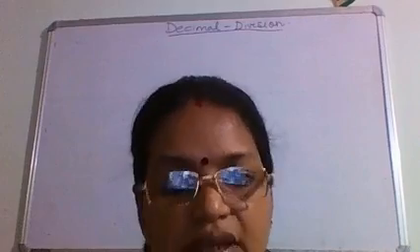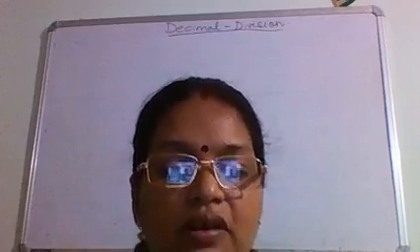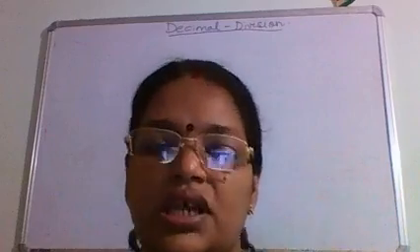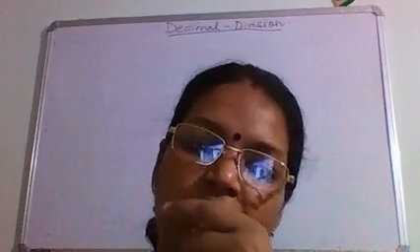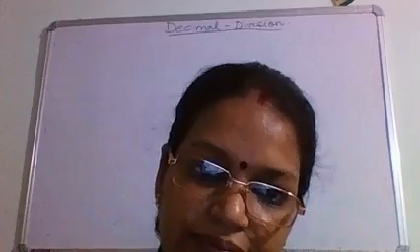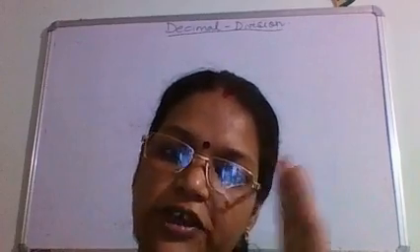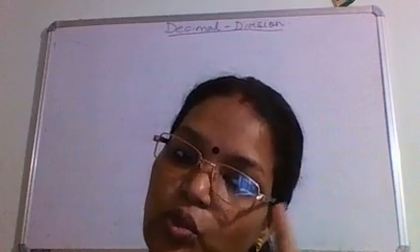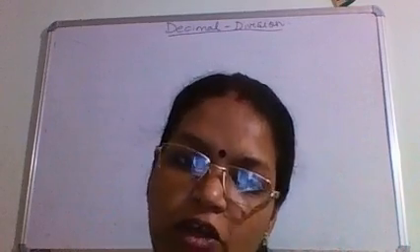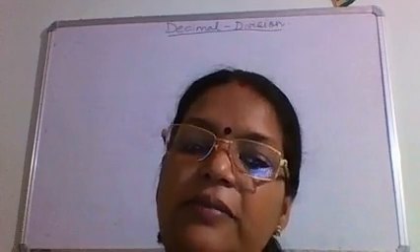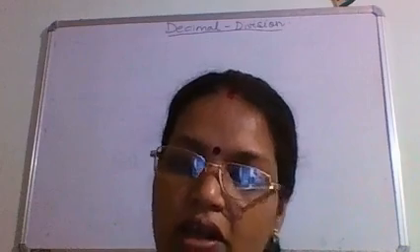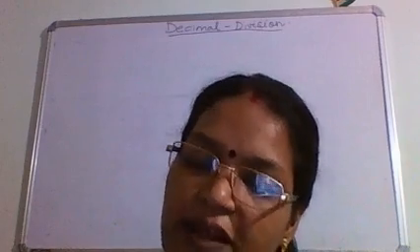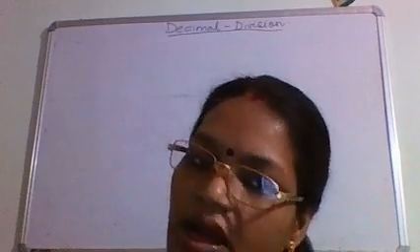Right? What about division? The division is just opposite. When you are dividing by 10, the decimal shifted towards left. How many times? 1 digit. When you are dividing the decimal by 100, it will be shifted towards left by how much? 2 digits.